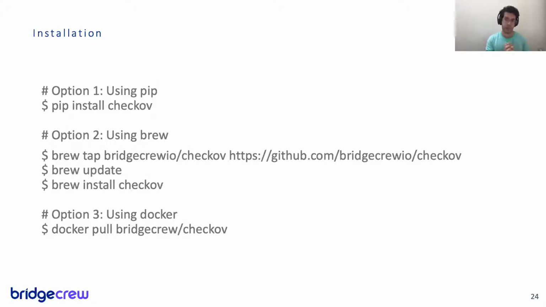But you can use the Docker utility, which you will get from docker pull bridgecrew/checkov, and the documentation of how to use Docker is in the markdown of the GitHub repository. You can also use brew if you're a Mac user, and it will install a virtual environment or pipenv for you with Checkov within it. So there are 3 options to use it, and you can choose any one of them, for Windows, Mac, or Linux.